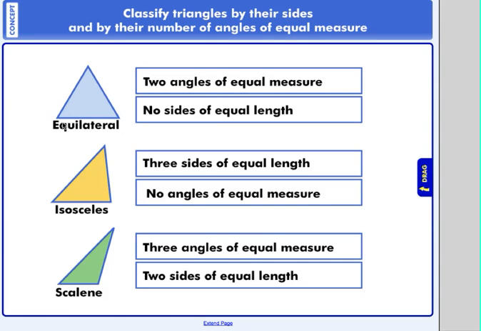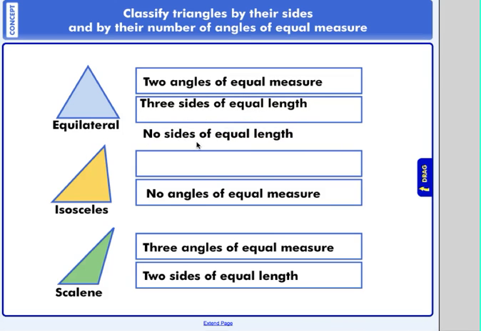So let's take a look at what we remember about equilateral triangles. What do we know about the sides of an equilateral triangle? Think equilateral, equal. They have all 3 sides of equal length.